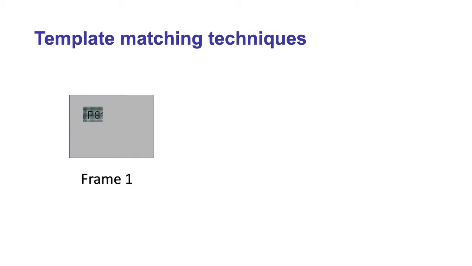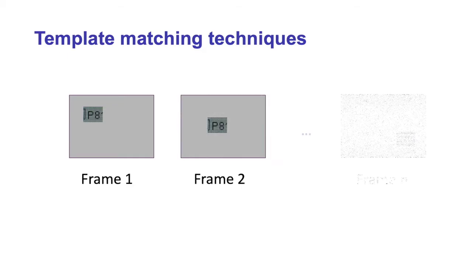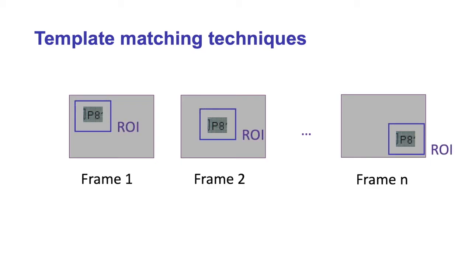This template is located in subsequent images of the series by means of a template matching technique. Template matching is computationally expensive, and in order to reduce the computational time, the search area is usually restricted to a predefined ROI, or region of interest.